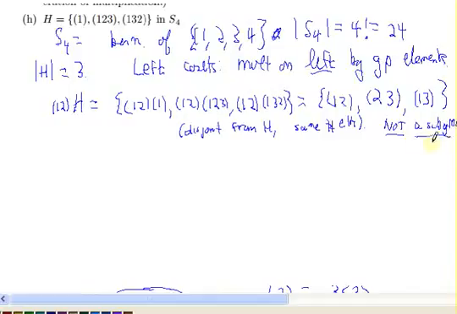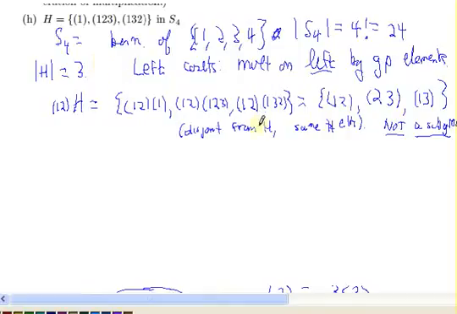I'll say that again. In general, cosets are not subgroups. There's only one coset in a set of cosets that's a subgroup, and that's the original subgroup that is used to generate the cosets. So this coset is not a subgroup. It does not contain the identity, and it can't contain the identity because cosets are supposed to be disjoint. All right, so I found one more coset. This coset has 3 elements.